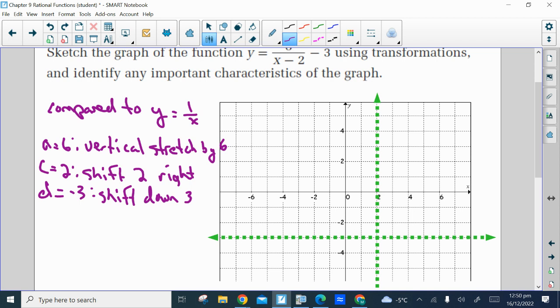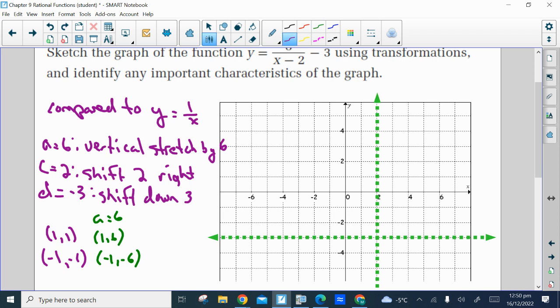Now, what will our new graph look like? Well, we saw before that we had 2 points on the original graph, the point 1, comma 1 and the point -1, comma -1. As we just saw in the previous question, when a equals 6, we multiplied all the y values by 6.